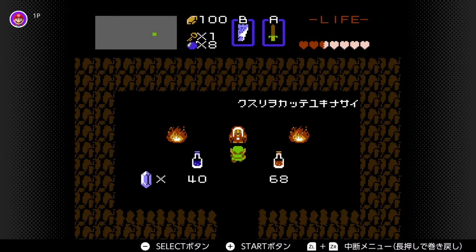Since it's a u verb or a Godan verb, unfortunately those are more difficult to change into the te form, because they follow certain rules.